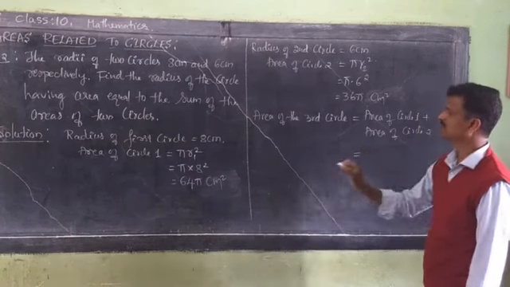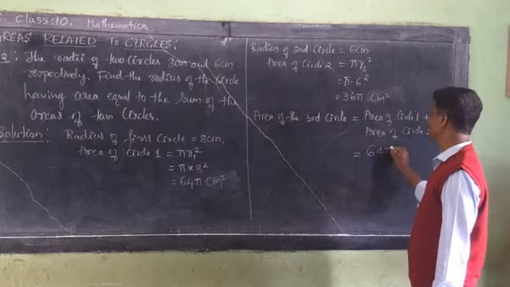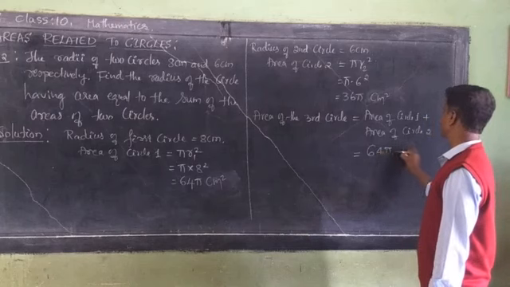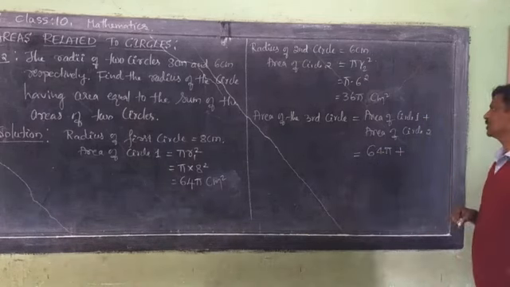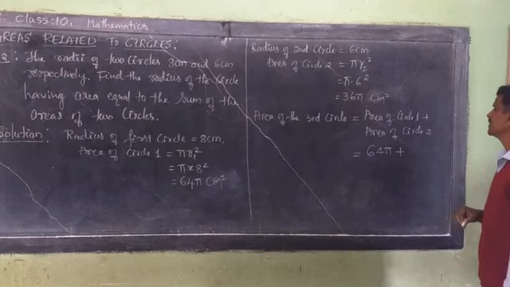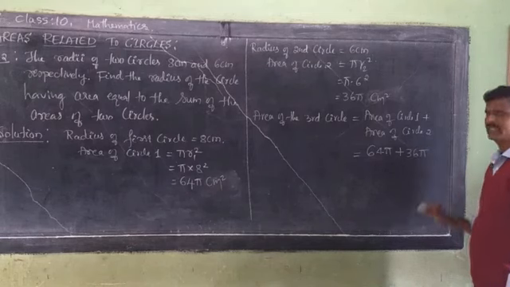Area of circle 1 is 64 pi, plus area of circle 2, which is 36 pi.